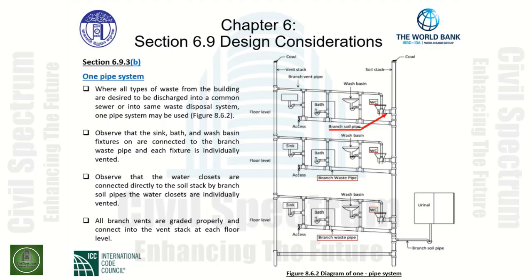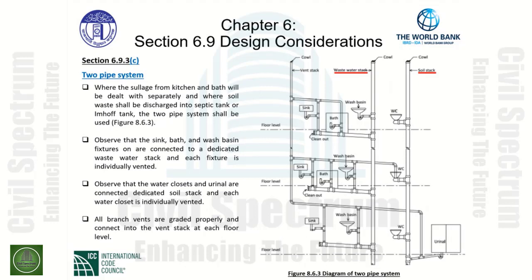However, they are connected by means of what we call a branch vent that runs horizontally and connects into the vertical vent stack accordingly. This gives us a good, well-rounded one-pipe system that is properly piped in as far as the drainage goes and the vent to allow proper air into the system when designed properly.